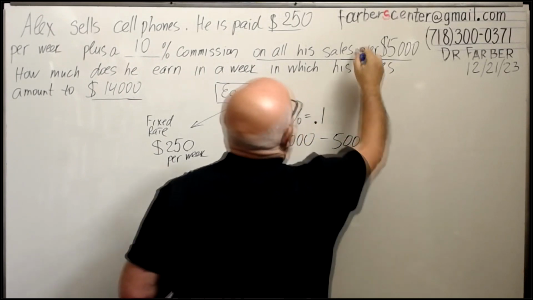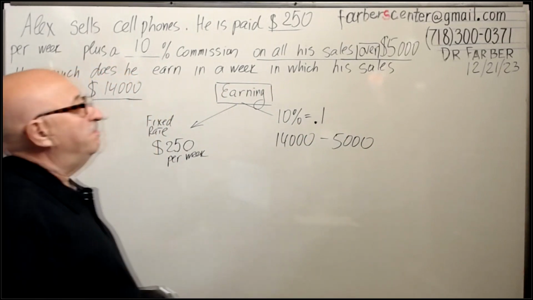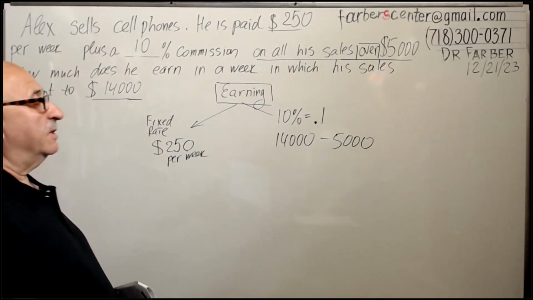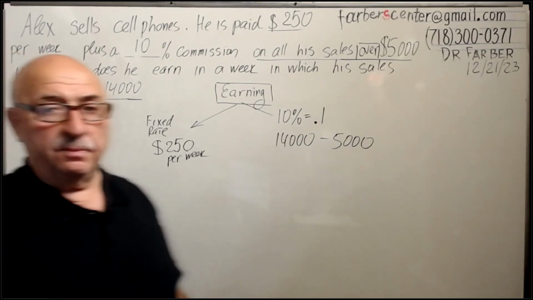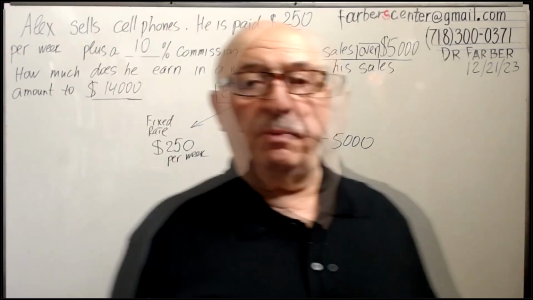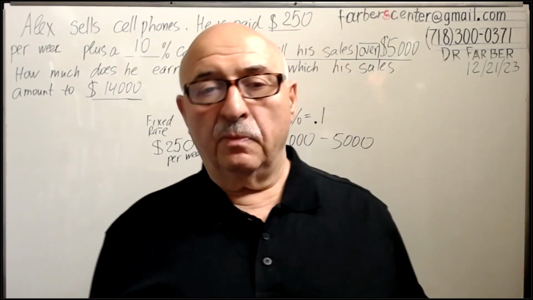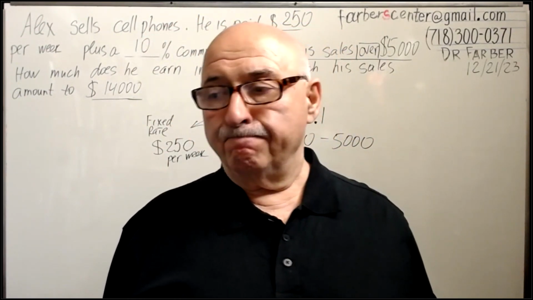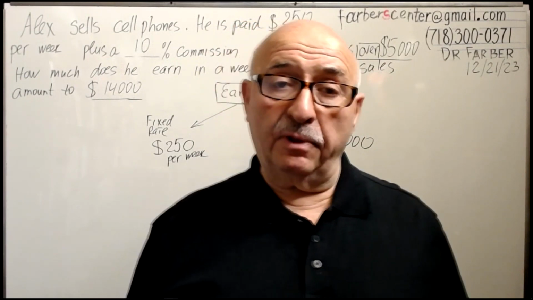This is the keyword here. Compared to the previous problem, which was for all sales, only above this do you start getting some money. In this case, you will be more motivated. For the first $5,000 of sales you improve your company, company gets money, and after that you get something.